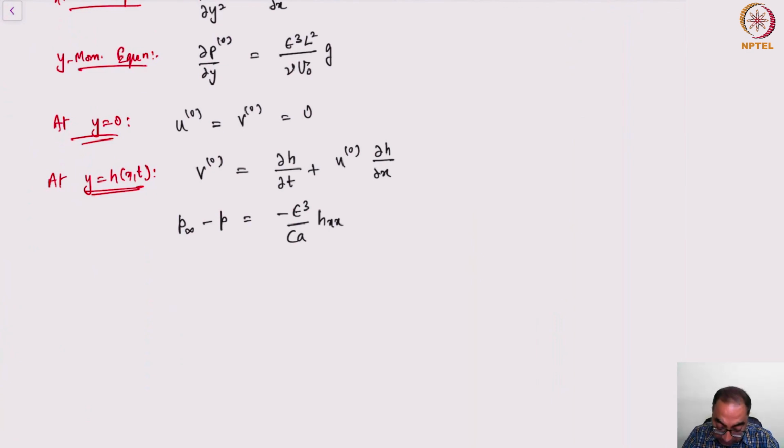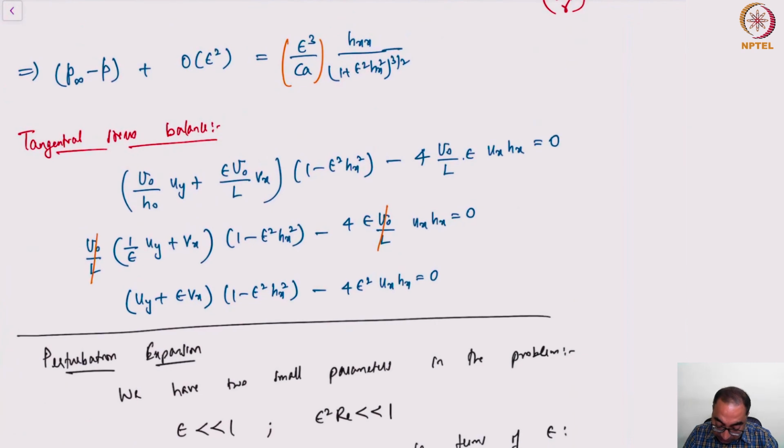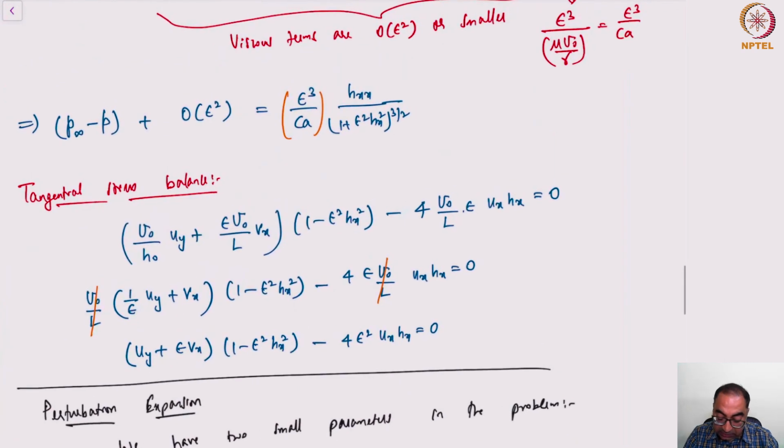Again, we don't need to do an expansion in h, because if you look at the normal stress balance, the denominator has 1 plus epsilon square hx square.